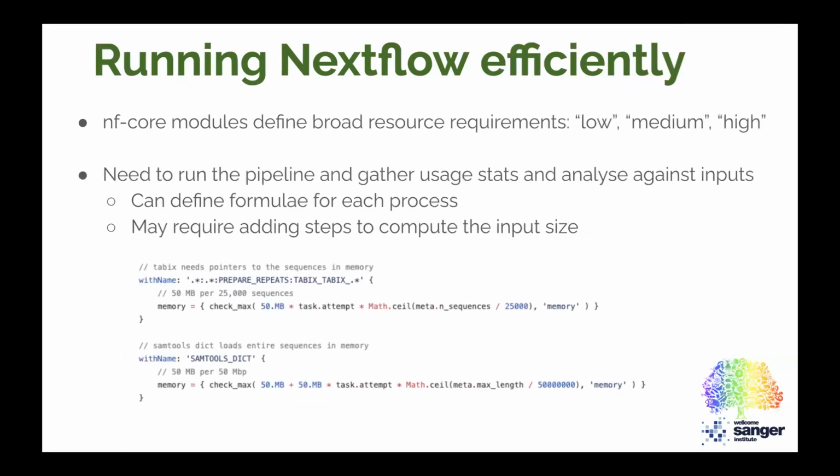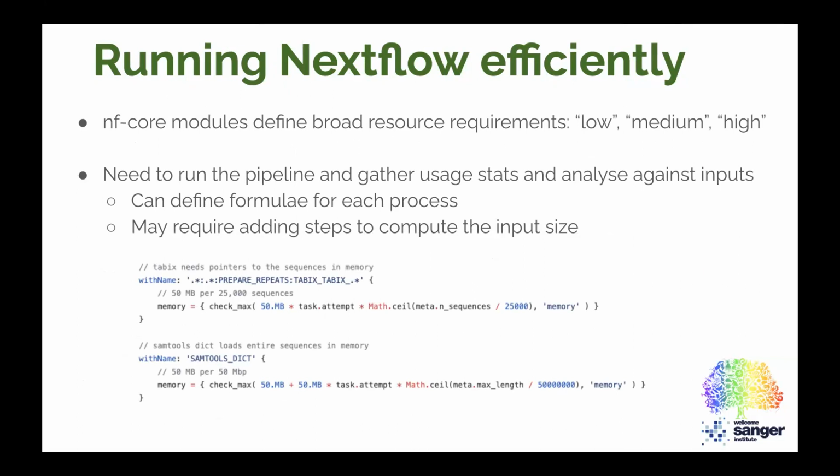Right, so then actually starting running those pipelines. The modules we get from NF Core, they're labeled with very broad resource requirements, which are called low, medium, and high. In practice, every tool will have a different balance of CPU usage, memory usage, and not just that, it also depends on the input, typically.